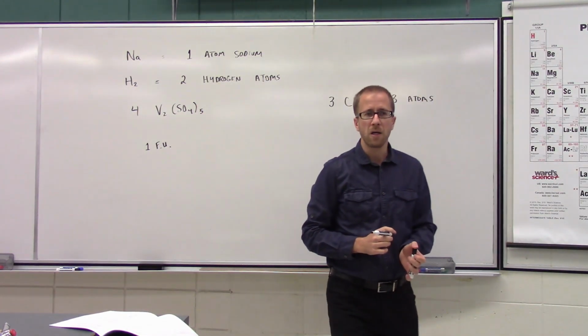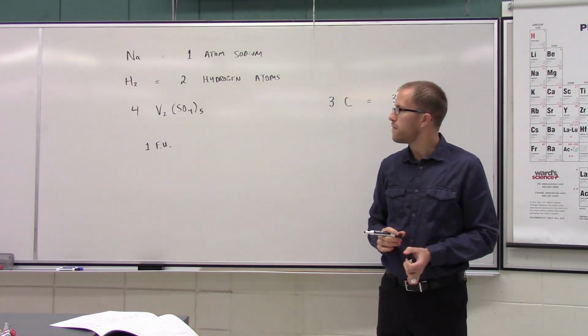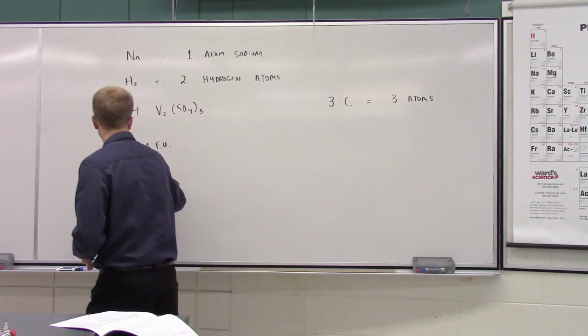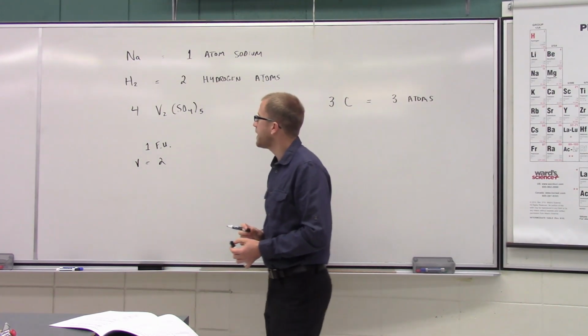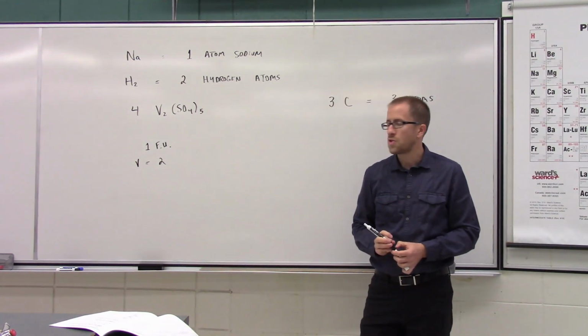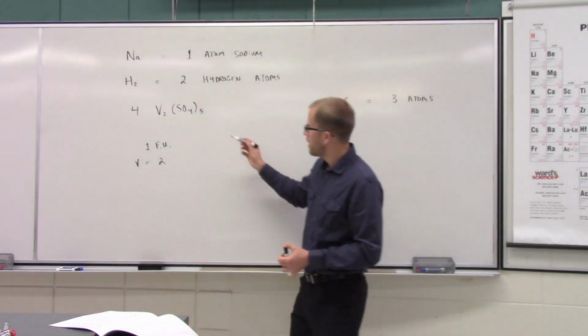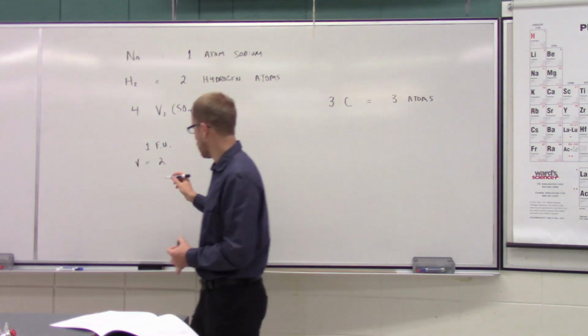In one formula unit of vanadium sulfate, how many vanadiums do we have? We have 2. Right, we have 2 atoms of vanadium. How many atoms of sulfur do we have? 5. Excellent, right? We have 5 sulfates, so we have 5 sulfurs.